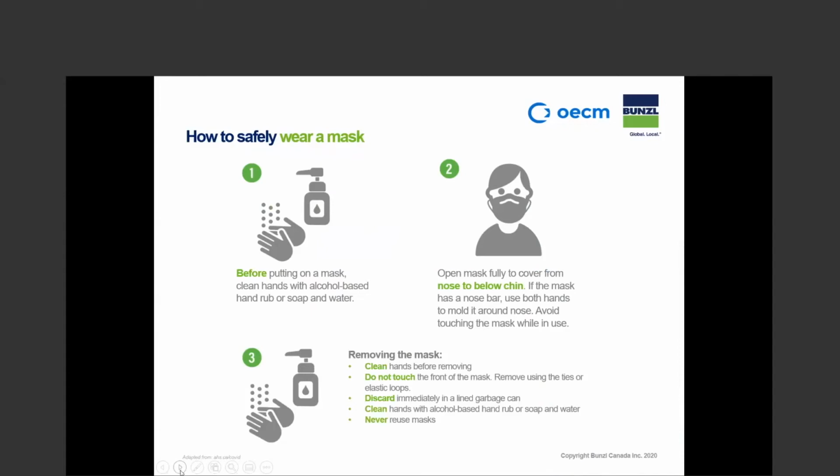Number two is masks, picking the right mask for the environment that they're in, as well as the hand hygiene piece that goes with it, whether they're washing their hands prior to putting them on or using alcohol-based hand sanitizer. It becomes very important.